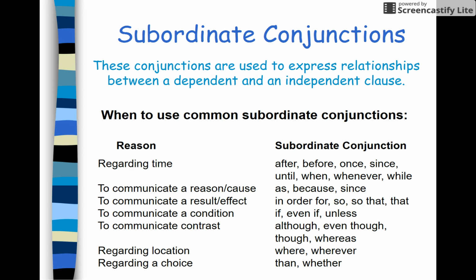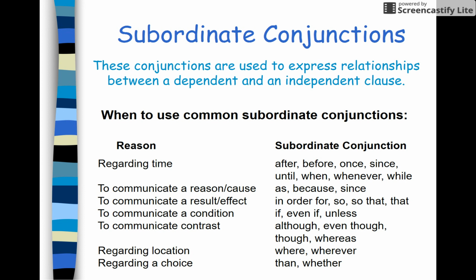Now, subordinate conjunctions. These conjunctions are used to express relationships between a dependent and independent clause. And if you've already watched the video about independent and dependent clauses, you would have seen how many of these are used. A subordinate means something that is inferior in rank, or it relies on something else. It implies one thing is connected to another thing.